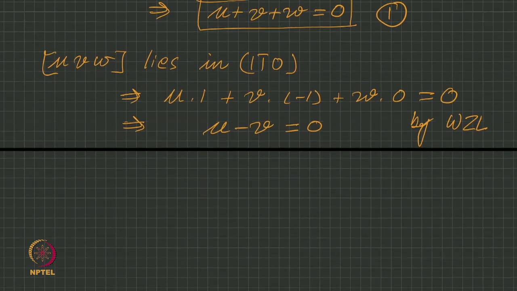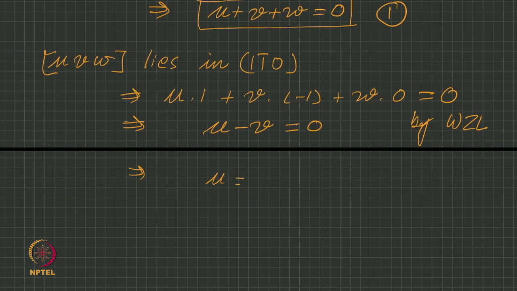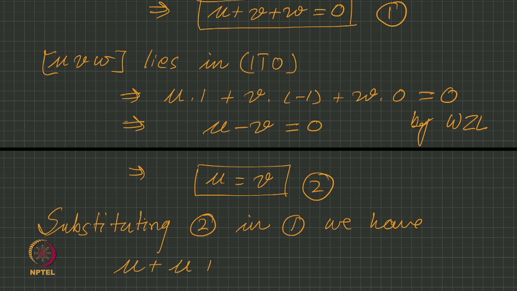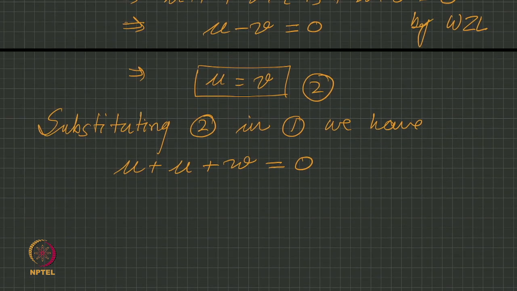So, I can as well write this as u equal to v. Once I have found that u and v are equal, I can use that in 1. So, substituting 2 in 1, we have u plus u plus w is equal to 0, which gives w is equal to minus 2u.